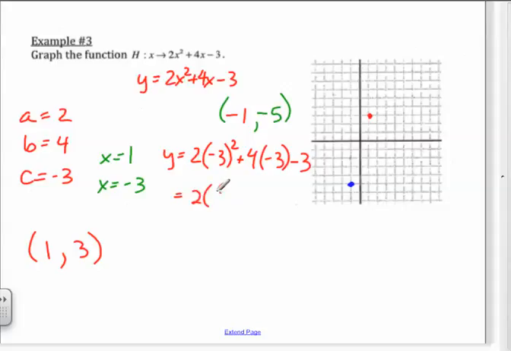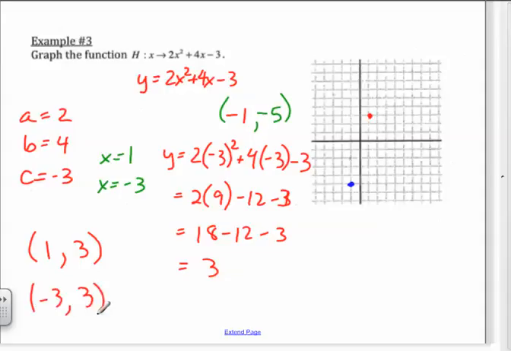That's 2 times 9 minus 12 minus 3, which is 18 minus 12 minus 3. 18 minus 12 is 6, minus 3 is 3. Look at that. If x is negative 3, y is 3. Negative 3, 3. Put my dot right there.